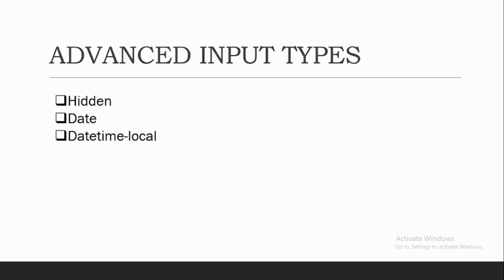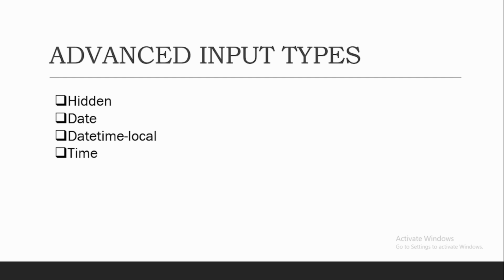The next one is the datetime-local, which is used to define a control for entering a date and time, including the year, month, and day, as well as the time in hours and minutes. We have the time input type, which is used to display a control for entering a time value in hours and minutes.